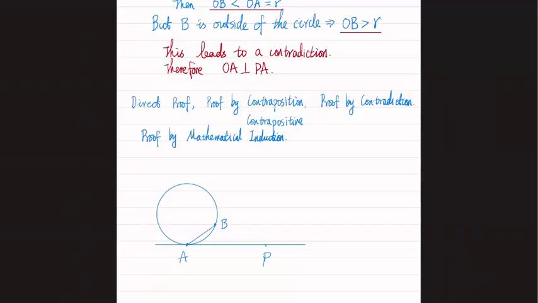Okay, we have a few objects. Start with a circle. And a point P outside of the circle. And A is the tangent point.